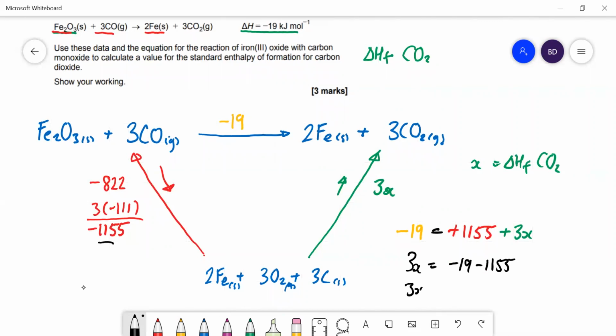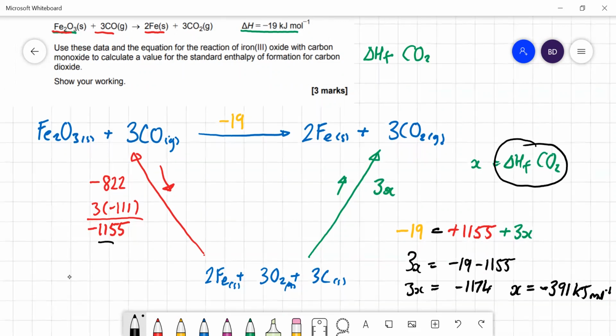So 3x is equal to minus 1174. So x is equal to minus 391 kilojoules. And that is our value for delta HF for carbon dioxide, minus 391 kilojoules per mole. Okay, so that is one Hess's law cycle.